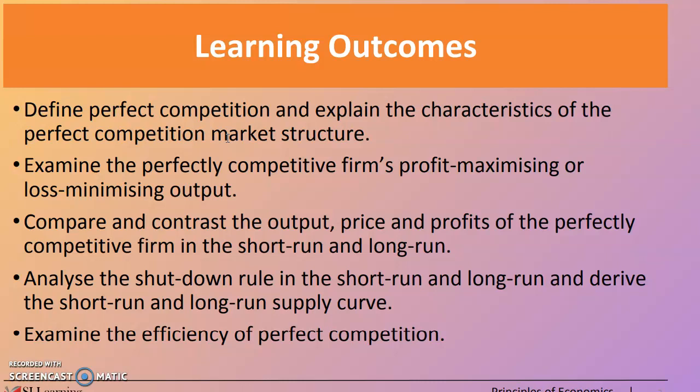We'll also determine how we can produce an output that is profit maximizing or loss minimizing, and at what price. We also compare and contrast the output, price, and profit in the short run and in the long run. We also want to analyze the shutdown rules in the short run and long run. And lastly, we'll look at the efficiency of perfect competition.